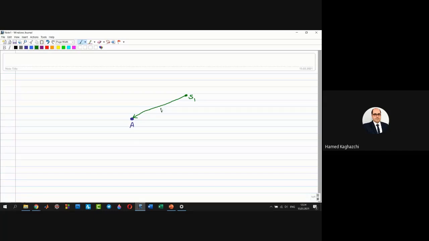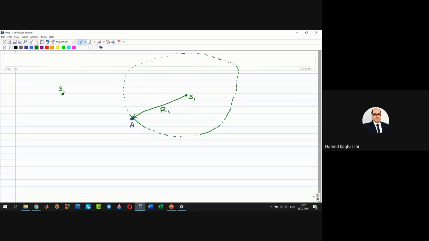Suppose that we call it R1, and this R1 is the radius of a circle with the center of S1. Suppose that this is the radius. This R1 is the radius of this circle with the center of S1. Now, our device receives the information of this satellite. Now, suppose that we have another satellite located here.